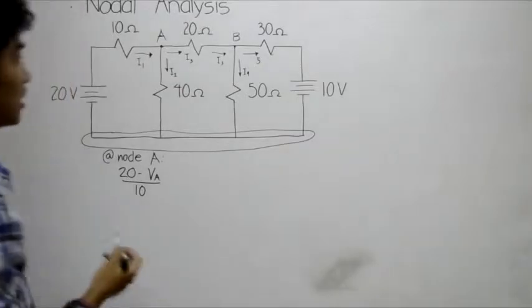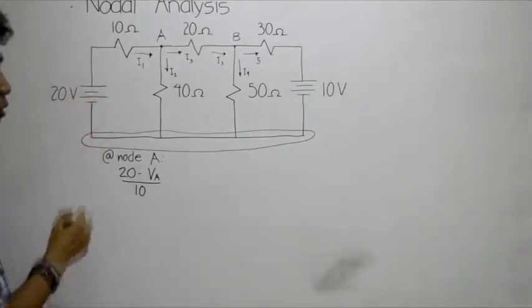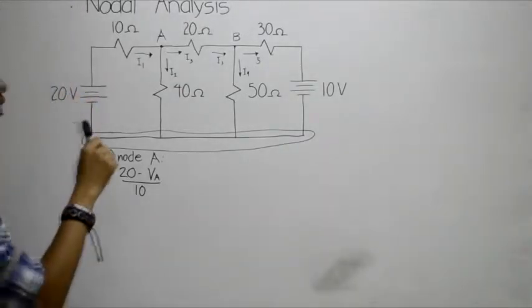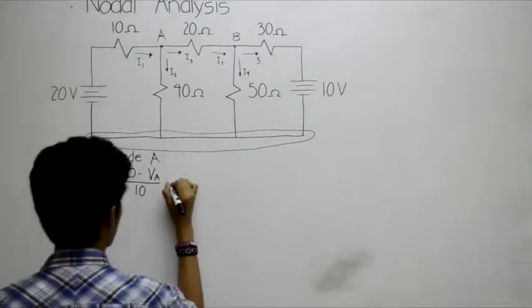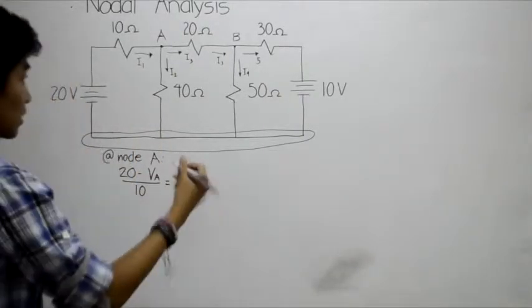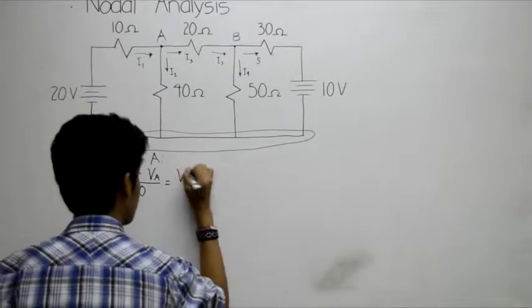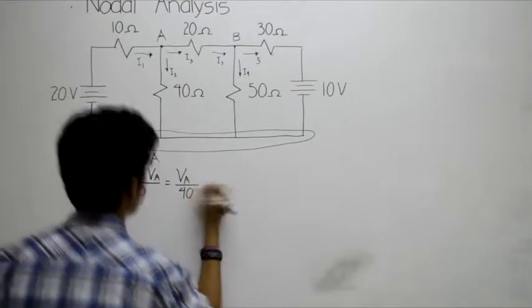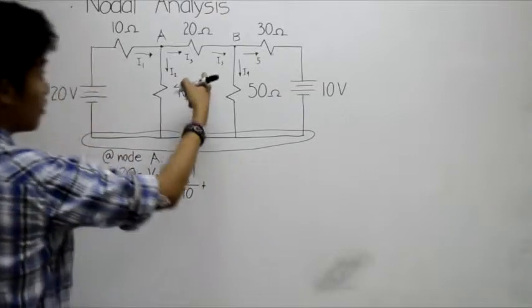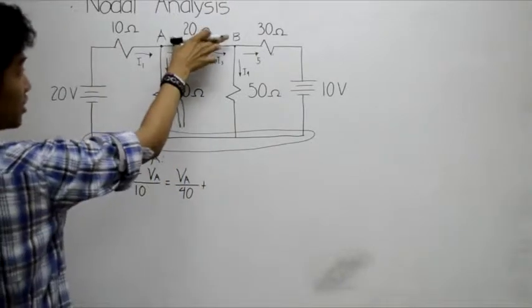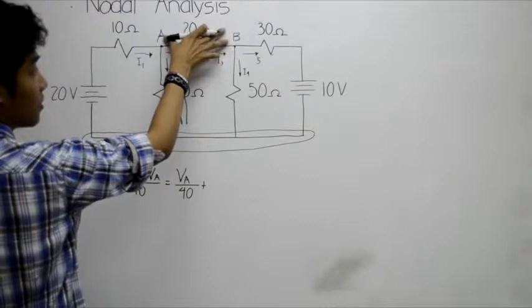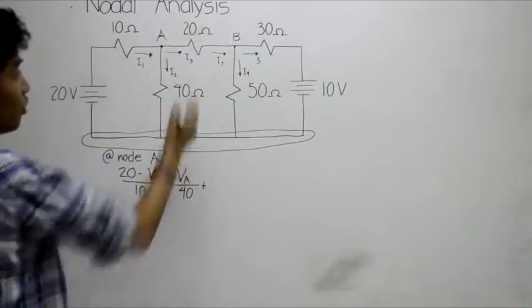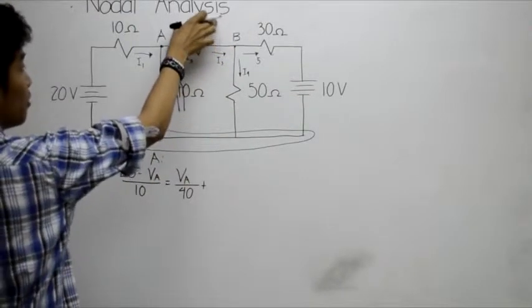So KCL states that the current entering the node will be equal to the sum of the currents leaving the node. So our equation yields voltage on A all over 40, or our resistor, plus voltage across this part all over the resistive component, which is 20.